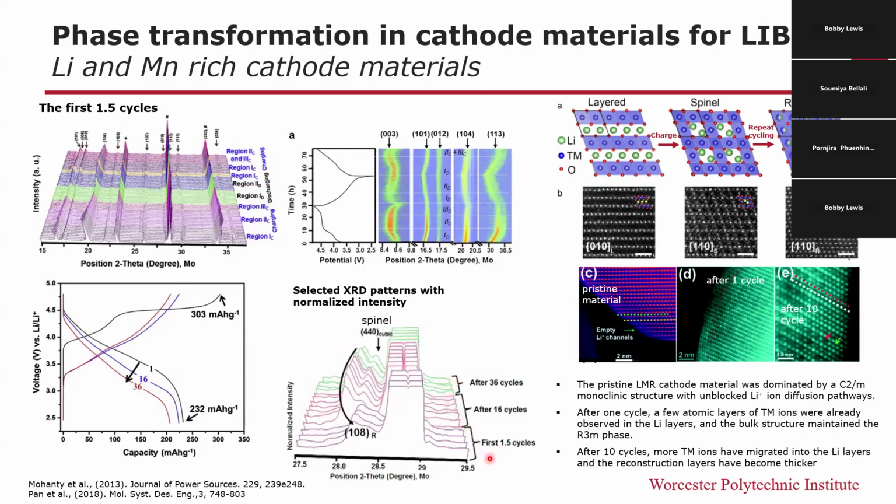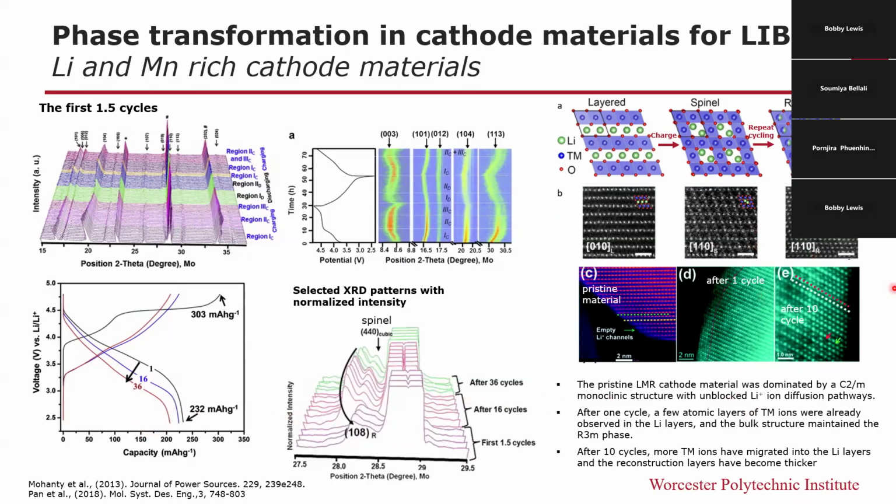After the first 1.5 seconds, only rhombohedral peaks are present. But after 16 seconds, a new phase, or new spinel peak, appears, and it grows stronger after 36 seconds. So you can see that it's the phase transformation that caused the voltage and capacity drop.